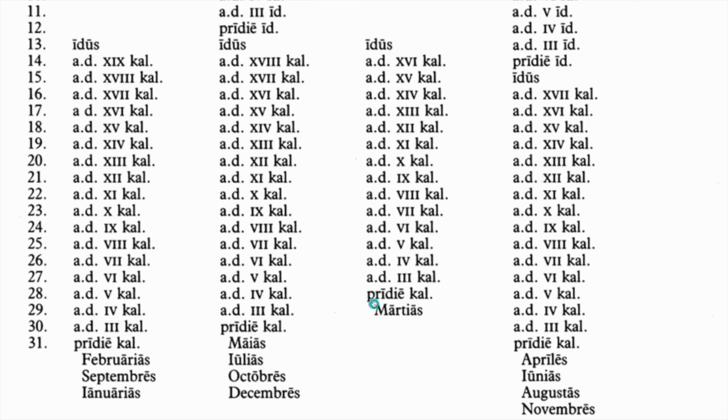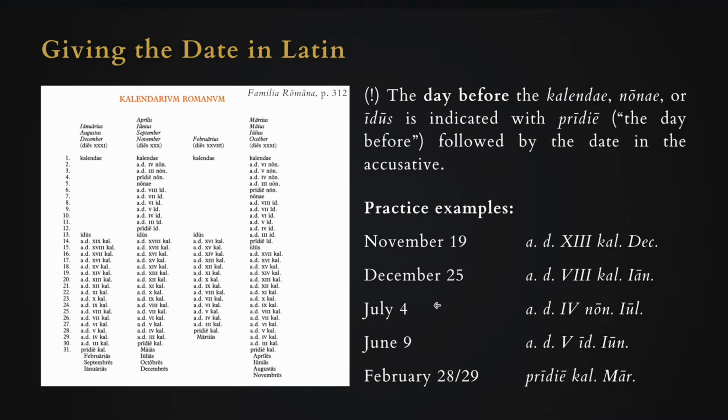So it's always going to be pridie calendas Martias. You see? That's why I chose this example, precisely because it varies in our way of indicating the date, but it never varied actually in the way of indicating the date in Latin.